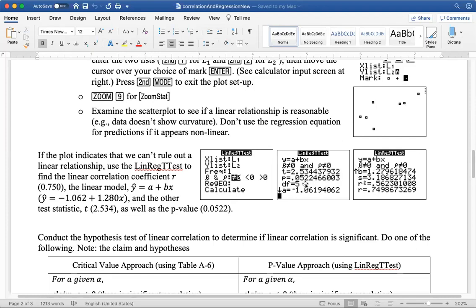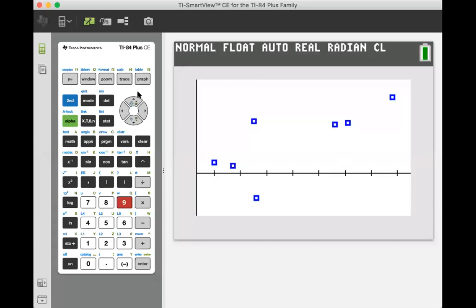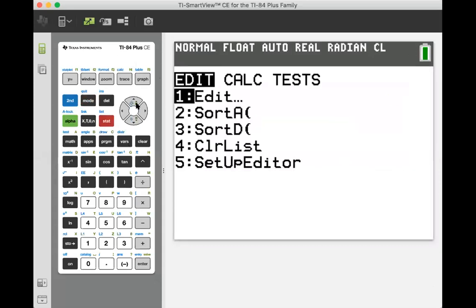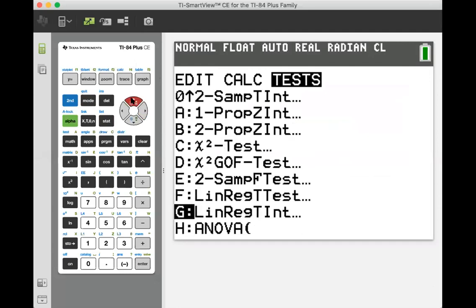Okay. So I did do this. I should be all ready to go. So just to make sure, let me do the calculator here. I'm going to quit out of this. I'm going to go to stat, right arrow to tests, and Lin-Reg t-test is way down at the bottom. So I'm going to arrow up to get to it, come in from the bottom.